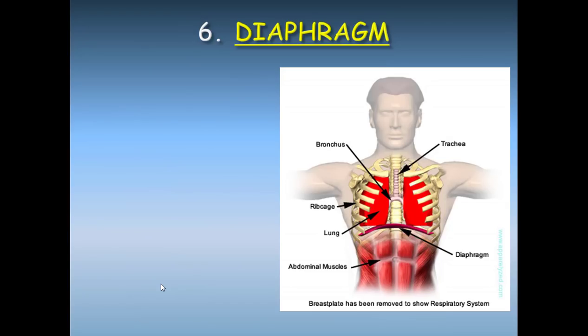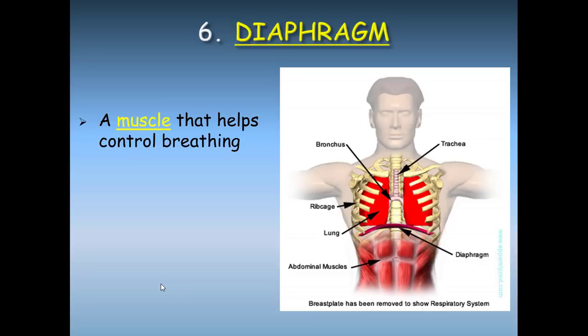Having looked at the microscopic and molecular way that we breathe, let's pull back a little bit and look at a more macroscopic level and talk about how it is that the lungs actually expand. We have this structure called the diaphragm, which is the muscle that helps control breathing.